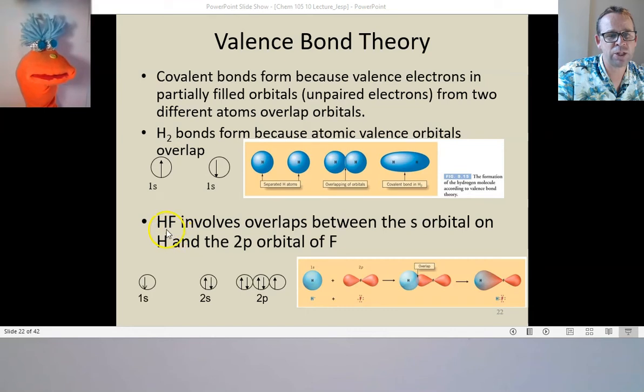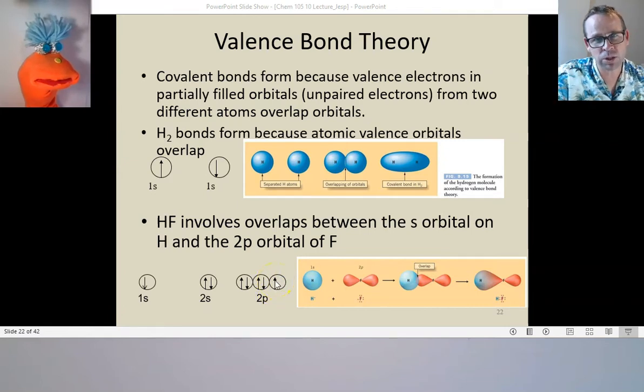For something like HF, hydrogen fluoride, the hydrogen brings its 1s to the fluorine. This is the orbital diagram for fluorine: 2s2, 2p5, and it would like to have 2p6 to have a noble gas electron configuration.